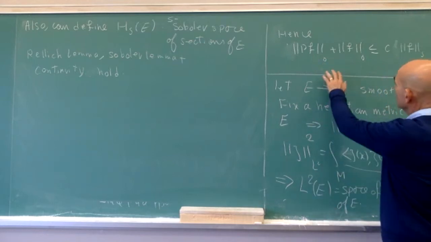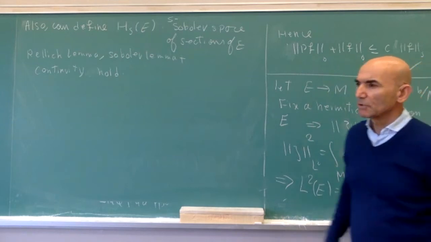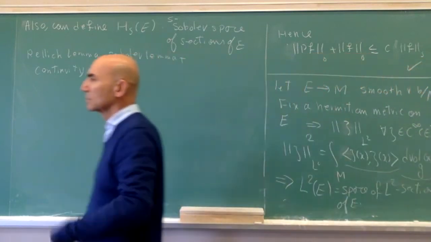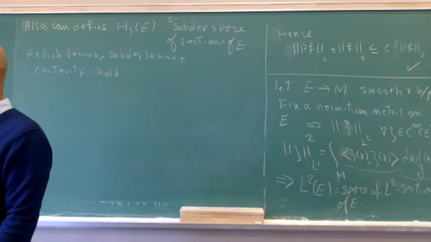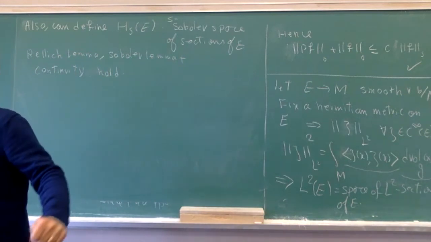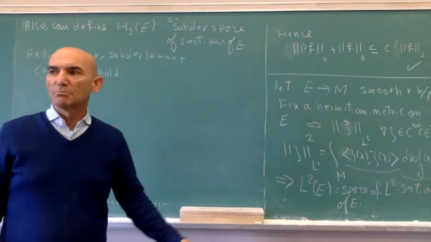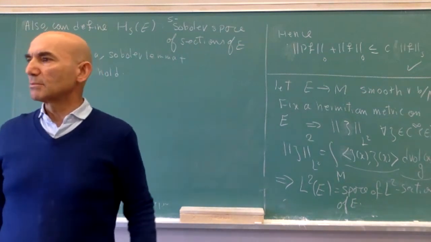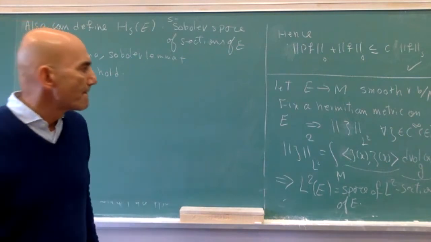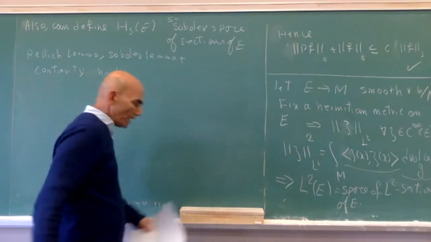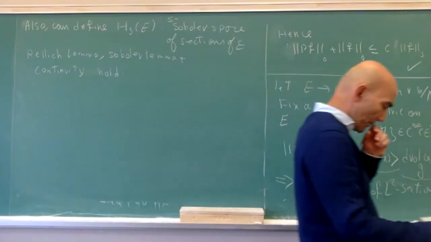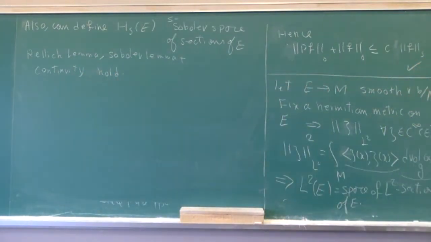I guess there must be a special name for these norms, but I'm not sure. And this inequality, one direction that was difficult, I think it's Gårding's inequality, but I'm not 100% sure. Anyhow, it doesn't matter for us. So basically we have the analysis essentially out of our way, so to speak.